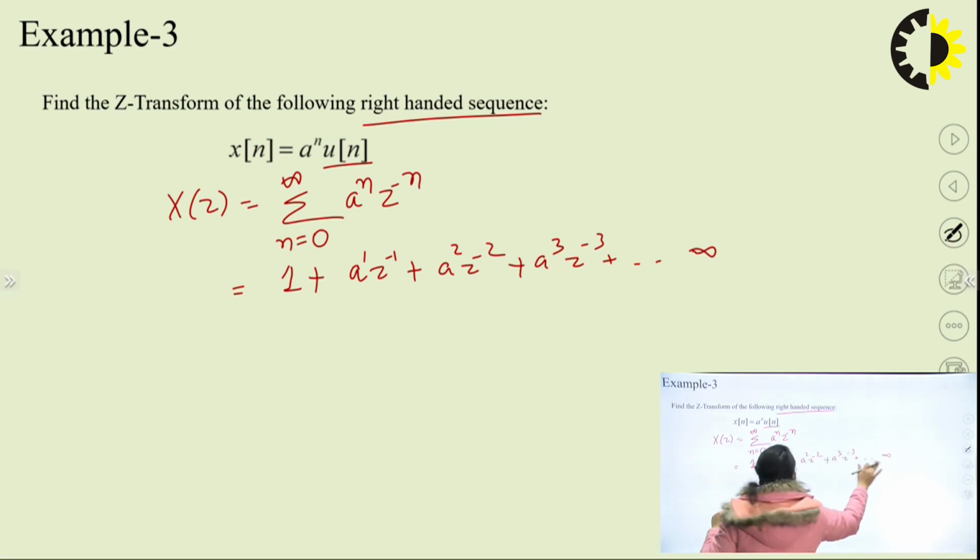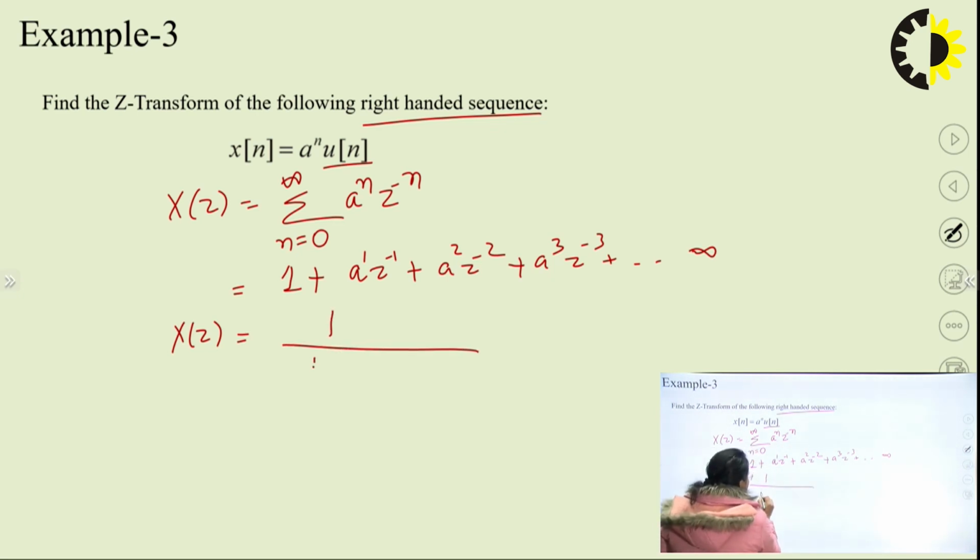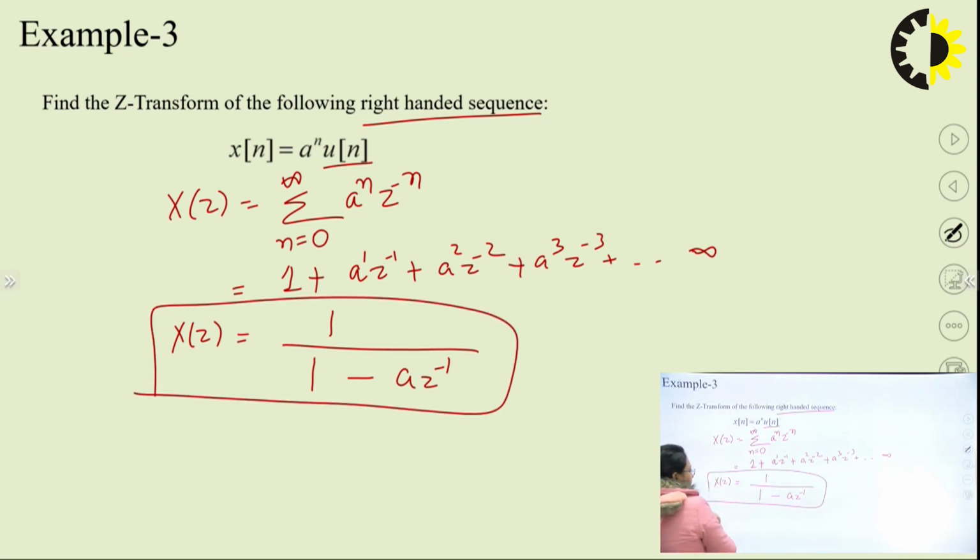So we can see that it becomes the formula for an infinite GP. The formula for the infinite GP is the first term upon 1 minus the ratio of two consecutive terms. The first term here is 1, and the ratio of two consecutive terms is a z^(-1), that is a z inverse. So this is the value of X(z) in this case, and now I have to find the ROC.